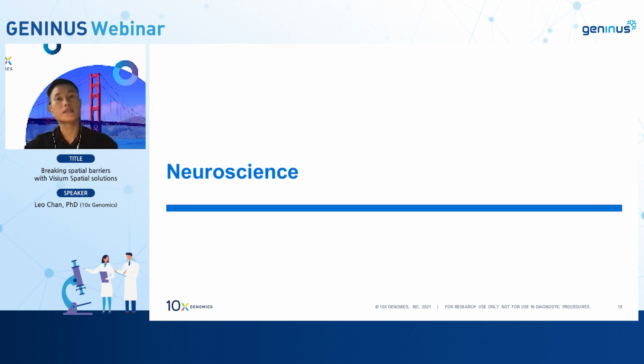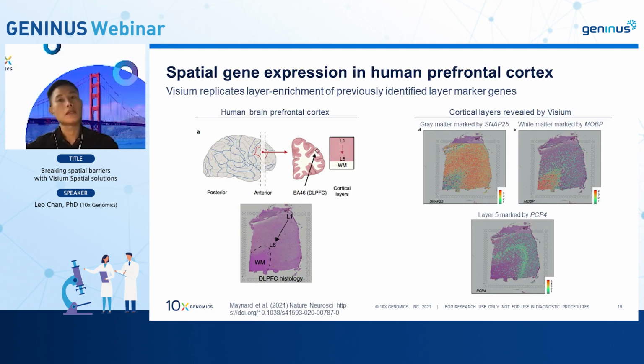For neuroscience, let's look at an example published in Nature Neuroscience. This publication this year, 2021, by researchers from Johns Hopkins in the US, examined the human dorsolateral prefrontal cortex from fresh frozen postmortem brain of neurotypical donors.